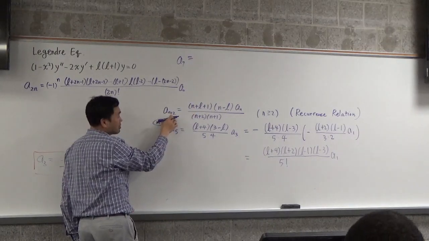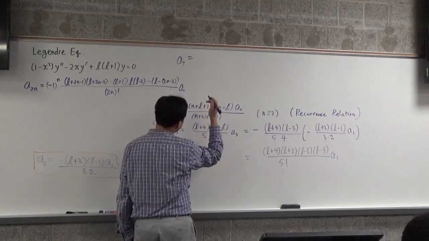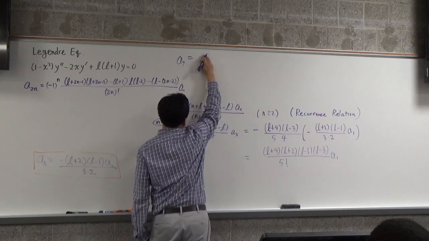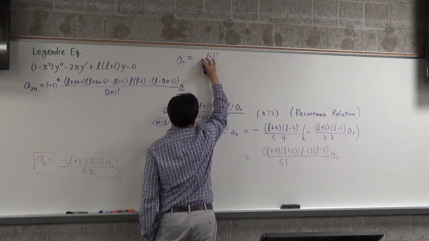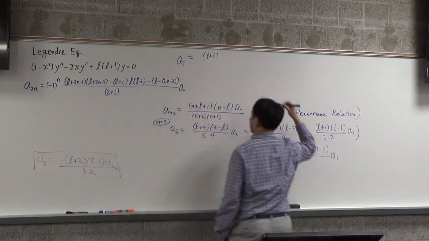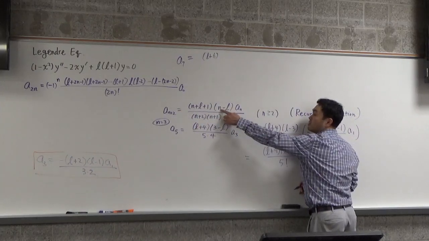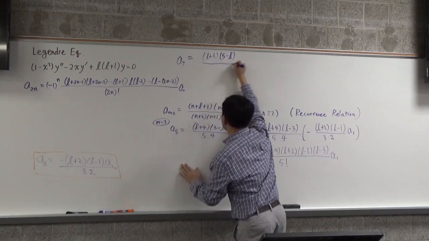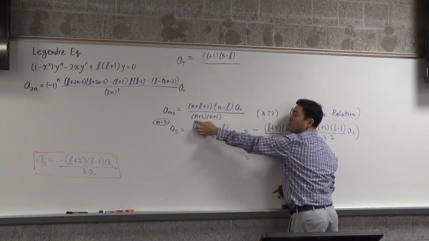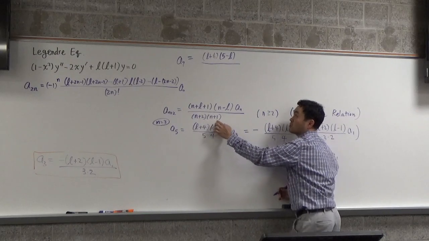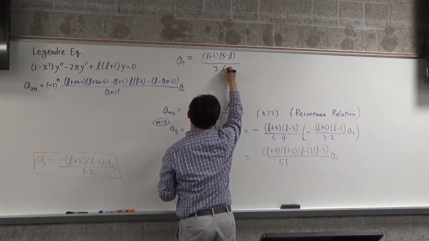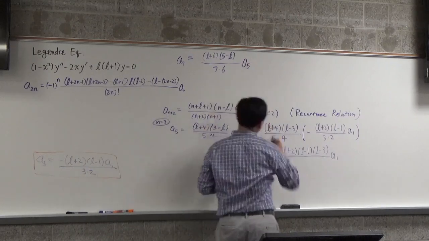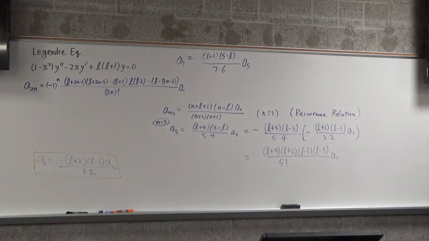So 5 plus 2 is 7, so when you have A7, that's n equals 5. 5 plus 1 is 6. So you get L plus 6, and with n is 5, you get 5 minus L. And when you plug in 5 here, 5 plus 2 is 7, 5 plus 1 is 6, so you get 7 times 6. And then you have A5, since n is 5. Good?